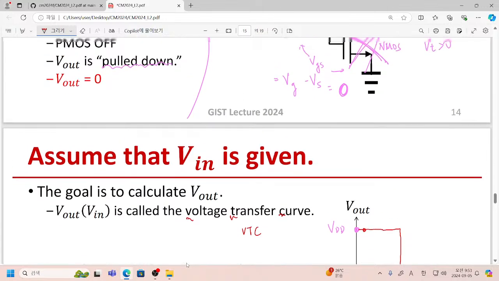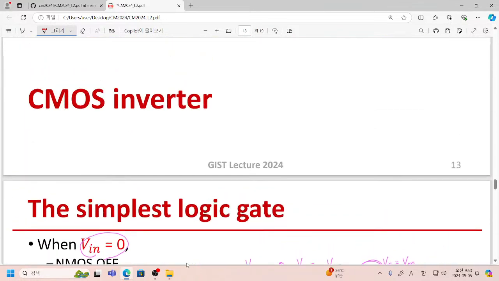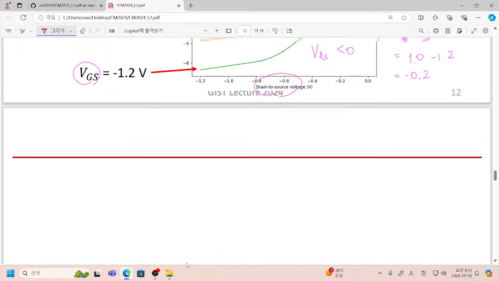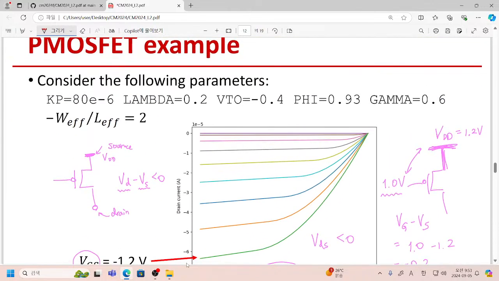Then how about your devices? It's okay because I have provided model parameters. Please use these PMOSFET and NMOSFET parameters already shown. They share the same parameters.